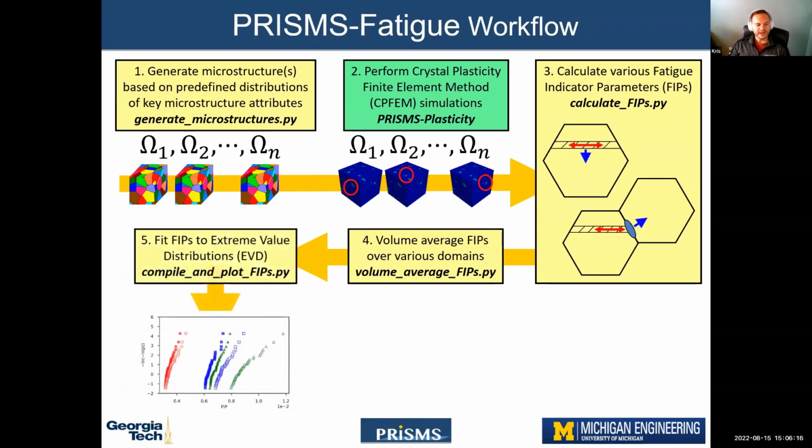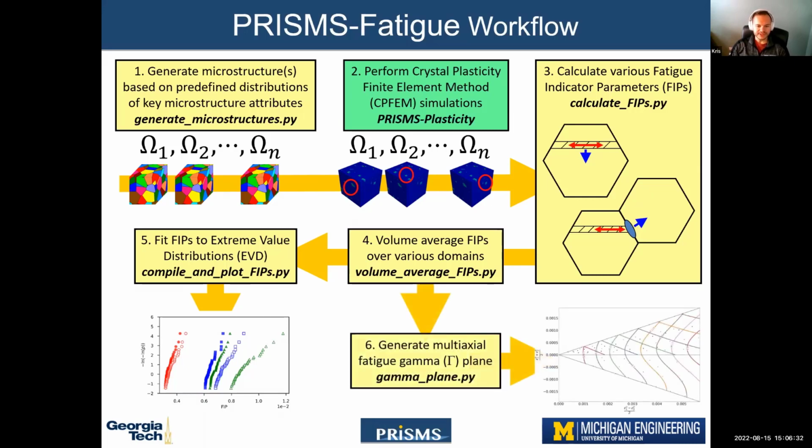The next script after that is called compile and plot fips.py. As the name suggests, this script will read in and allow users to visualize their FIPs in different manners. A final script that we have available in PRISMS-Fatigue is called gammaplane.py. This is a more complicated script, and it allows the user to consider different multi-axial states of strain.